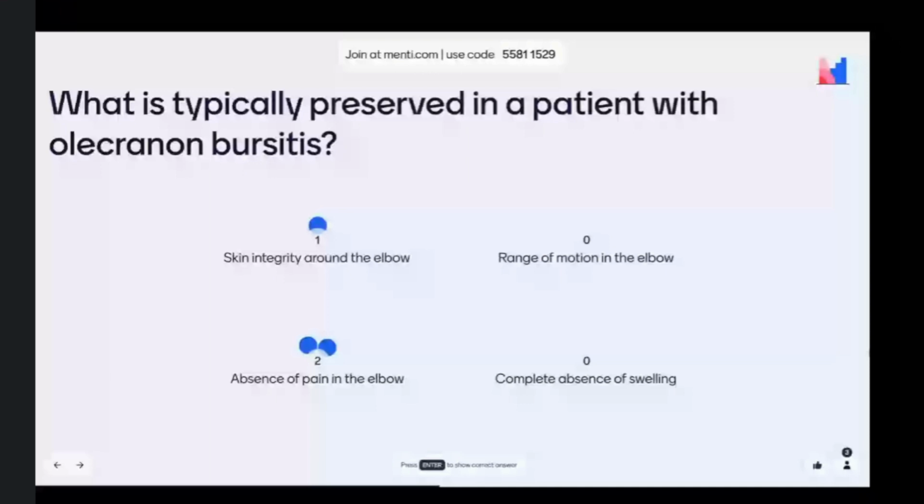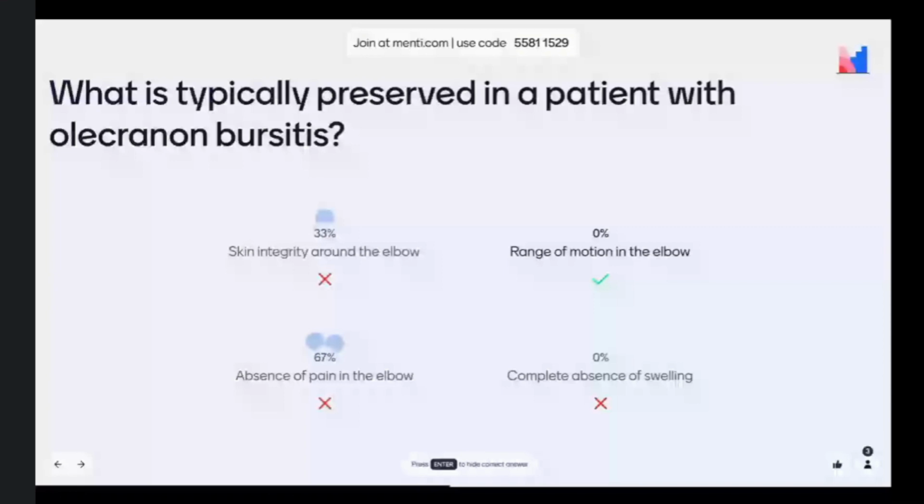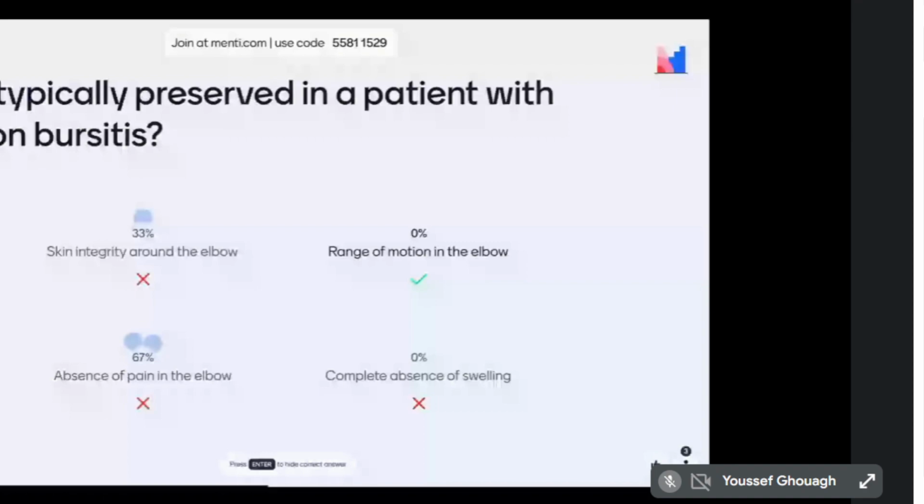Okay, so the right answer is the range of motion in the elbow. The range of motion in the elbow is preserved. So when you take your patient's hand and move it, it will move and there will be no problem.